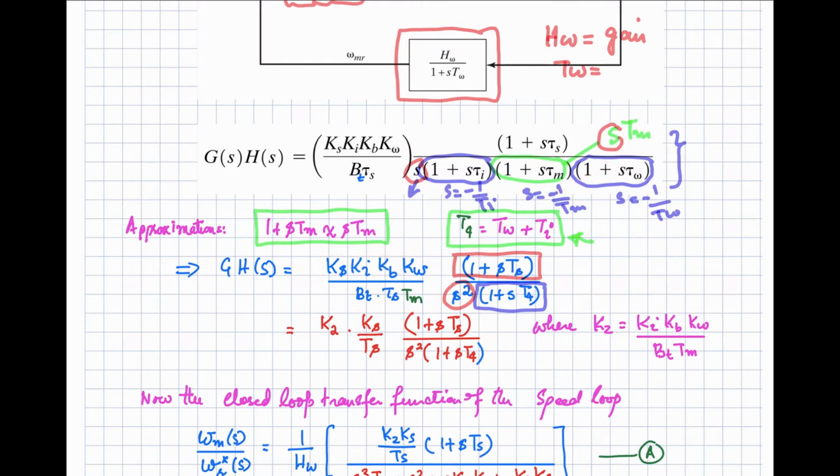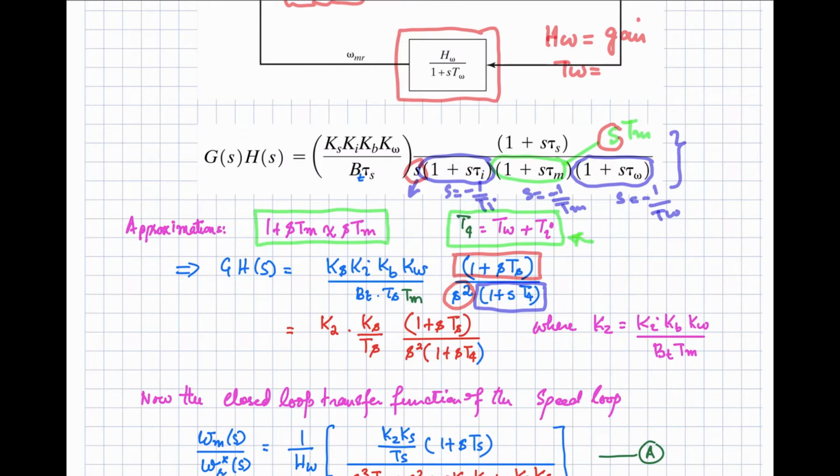Okay, now let's define K2. K2 is equal to Ki into Kb into K omega divided by Bt into Tm. So taking these terms from here, Ki, Kb and K omega divided by Bt and the Tm, we will be left with Ks and Ts. So K2 into Ks by Ts into this transfer function.